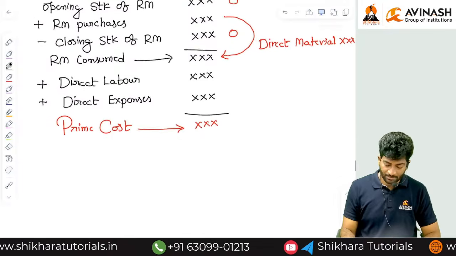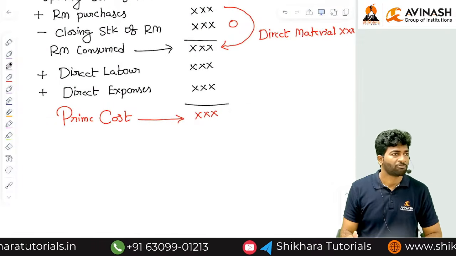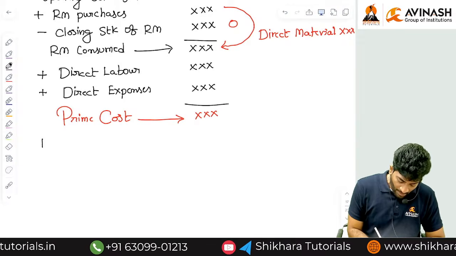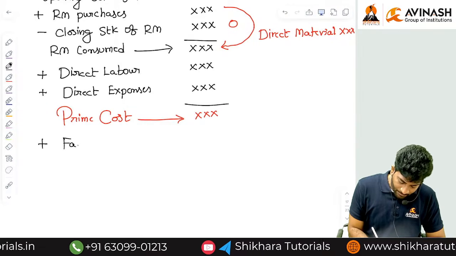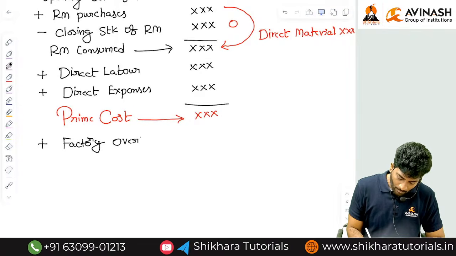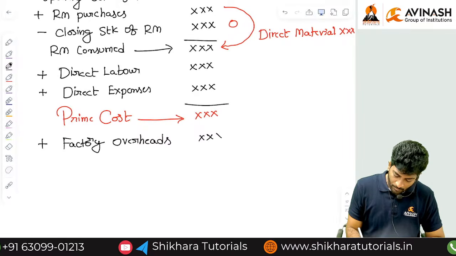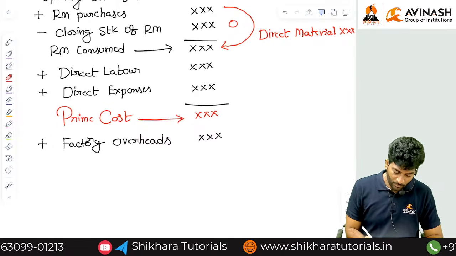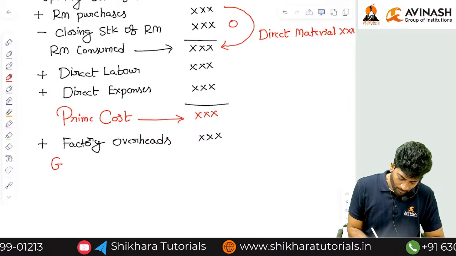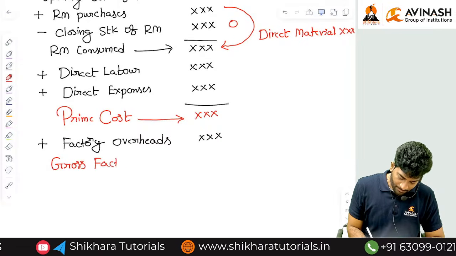After prime cost, add factory overheads. That gives you gross factory cost.